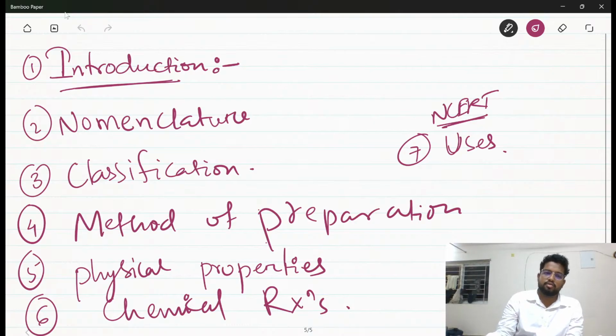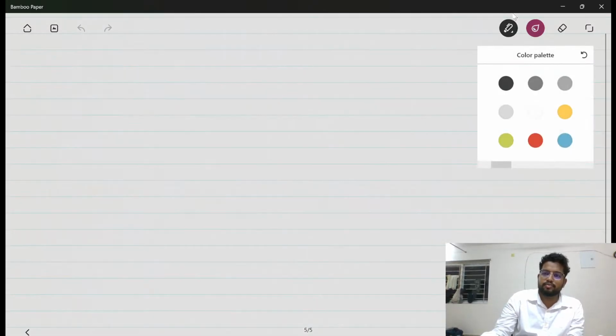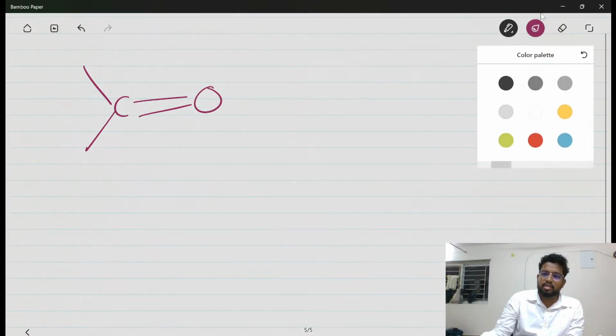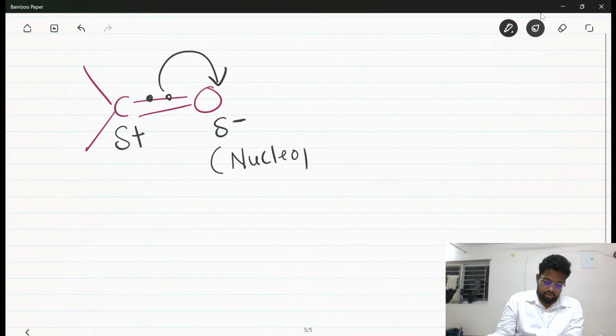Okay. So now again come back to our favorite carboxylic acid group. What is this carboxylic acid group? Now, sir, C double bond O. Now, here, you know, these two electrons can be attracted toward the more electronegative side. So, this is del positive, this is del negative. Del negative is a nucleophilic center.